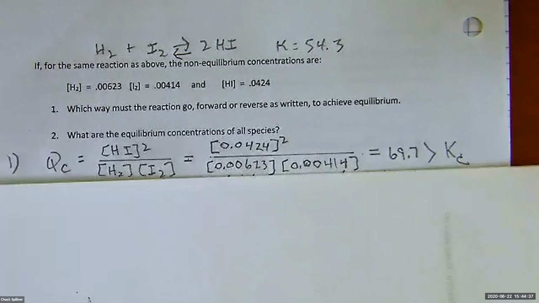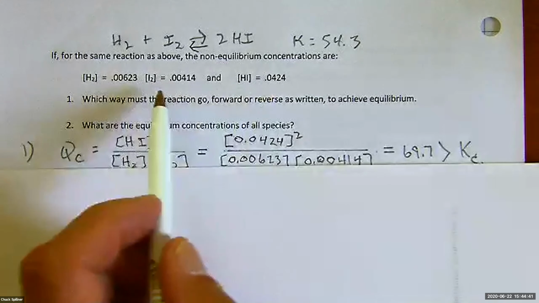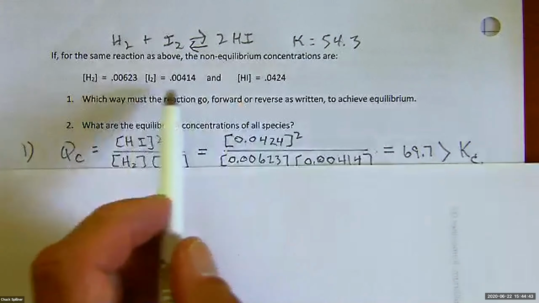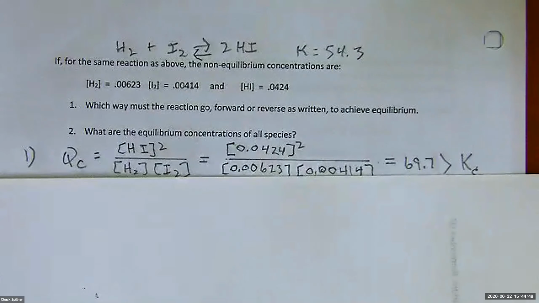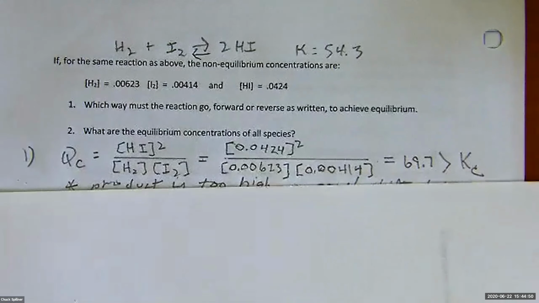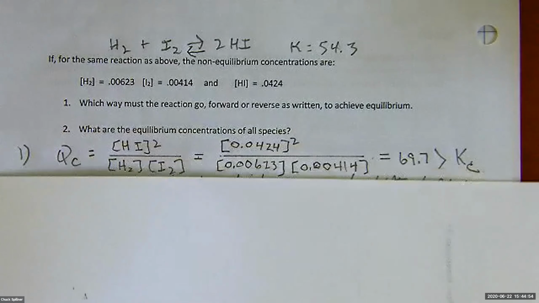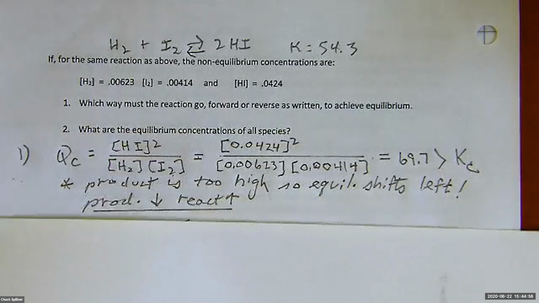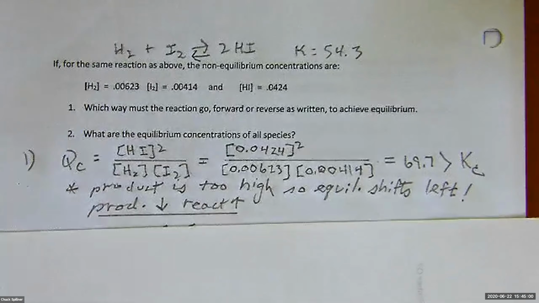So when you have a problem where you're given the concentrations of all the components in the equilibrium, you have to calculate Q first to figure out how to set up your ICE table. That's an important step. They don't always tell you to do that. In this problem they did, but sometimes they don't. So that's what I said. The product is too high, so equilibrium shifts left.